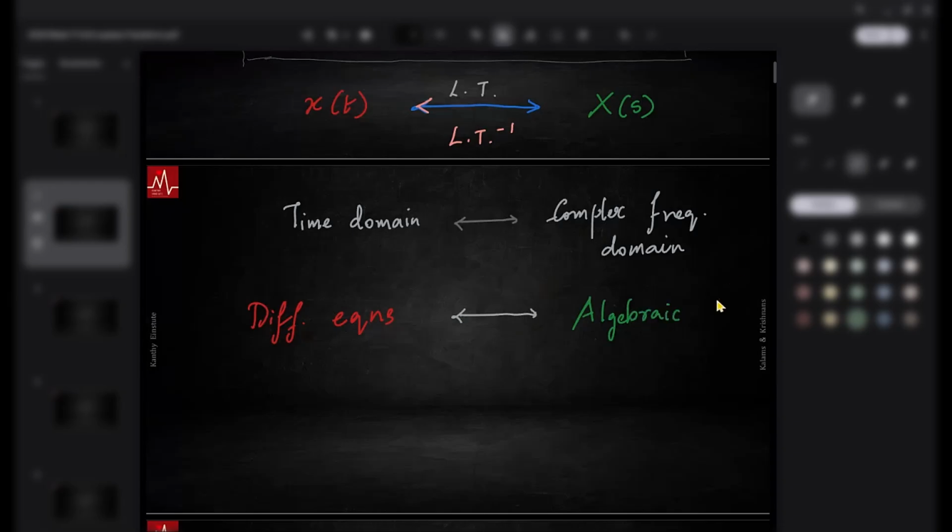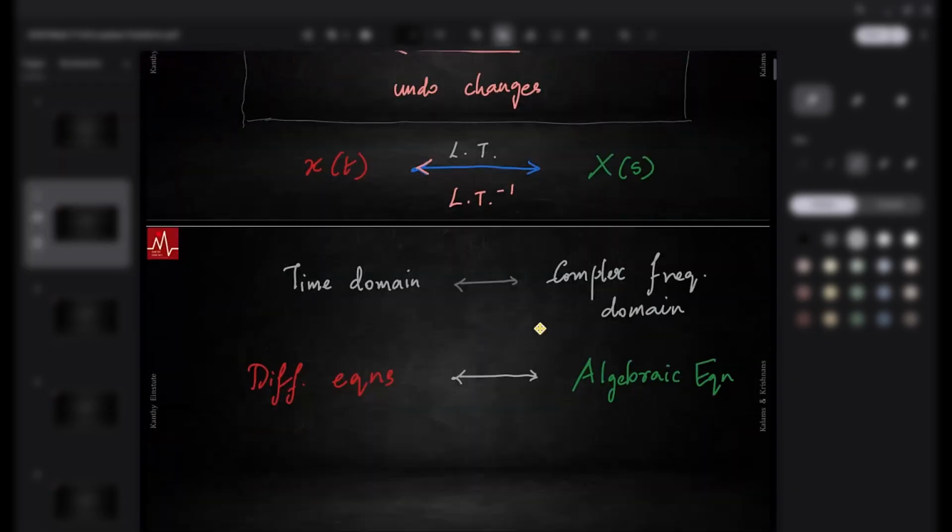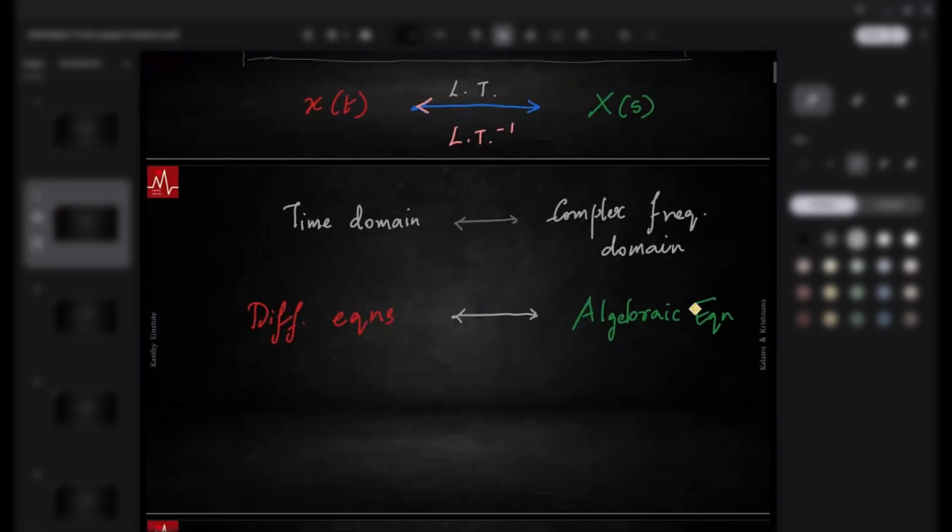Say there is a differential equation that is hard to solve. Go to this algebraic equation, and algebra is relatively easy. This is one common use. In fact, the purpose of the Laplace transform is not just to convert differential equations to algebraic equations. It's a transform. It helps you with many things.